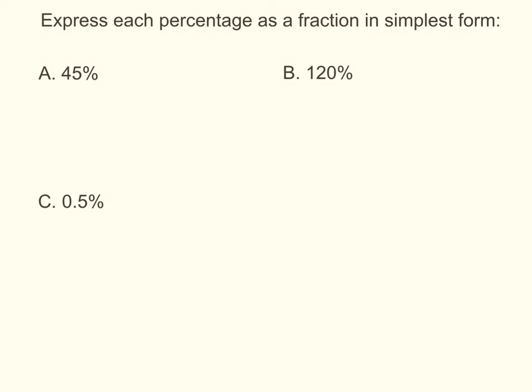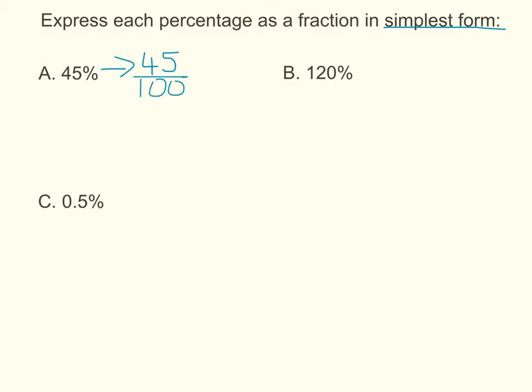So let's do some examples of converting between fractions and percentages. First, we're going to try expressing each of these percentages as a fraction, but remember, it's got to be in simplest form. So the first way to do it is to write 45% as 45 over 100.